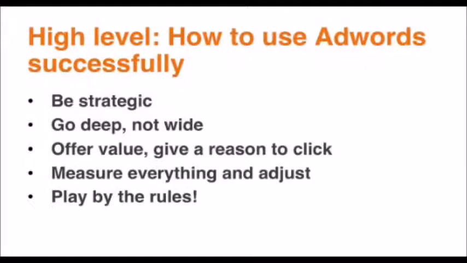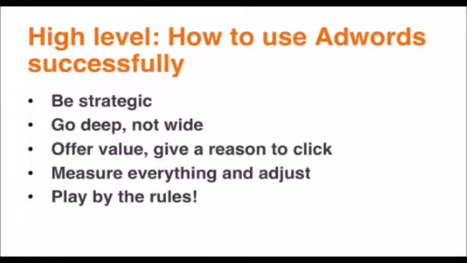Offer value. Give a reason for somebody to click on your ads, okay? The more value that you can provide to somebody immediately, the more likely they are to actually click through on those ads. Measure everything and adjust. One of the most amazing things about online advertising is all of the data that you can get immediately about what's working and what's not. You need to use that data to make sure that you're cutting your losses on ineffective ads and putting your budget into the ads that are getting the results you're looking for.